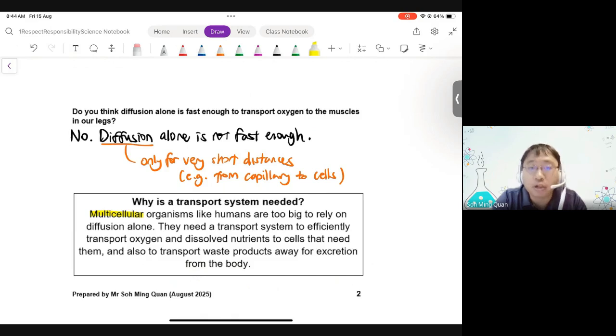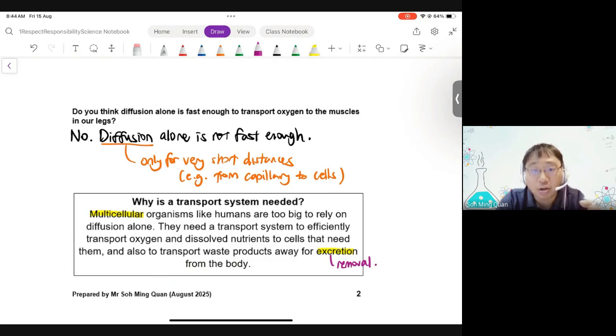And therefore, humans and plants as well need a transport system to efficiently transport substances such as oxygen and dissolved nutrients to cells that need these things, and also to transport waste materials away from the cells to be excreted and removed from the body. This word excretion means removal. We will need to remove, for instance, urea from our body.